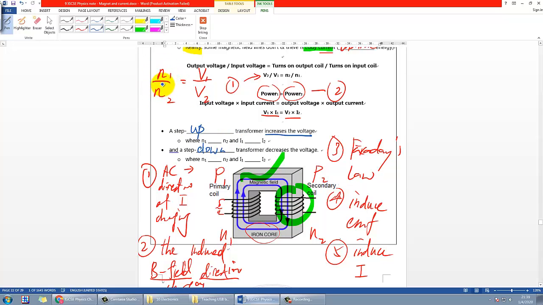Or you can deduce here, if N2 is higher, then V2 is higher, if you keep the other two fixed. So N1 should be smaller than N2, and for stepping down it will be the opposite. N1 will have more turns than N2.